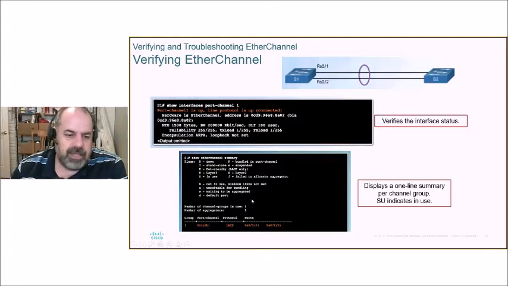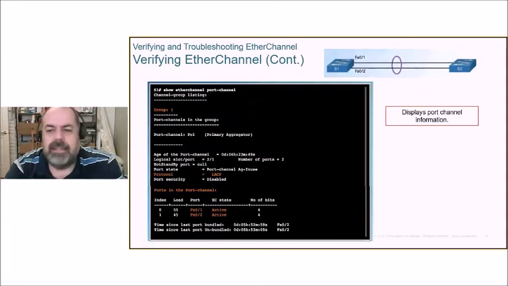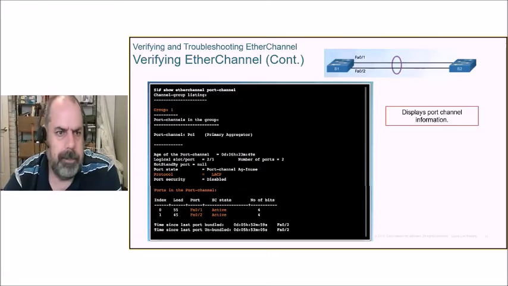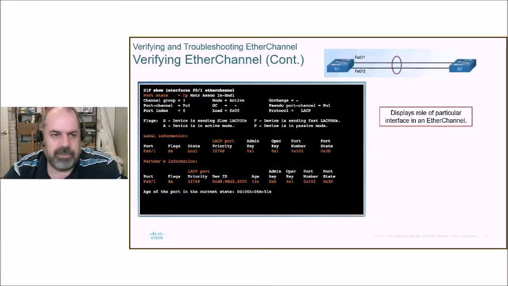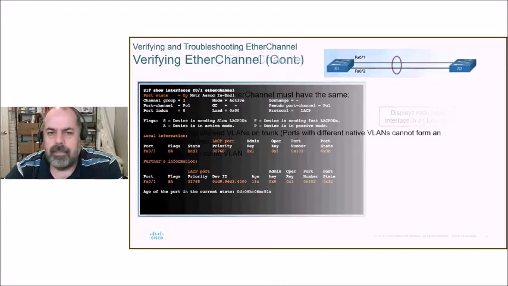S means it's layer 2, and U is in use, so it's a capital U. Okay, show etherchannel port-channel will give you more specific information about the channel groups. And there's also show interfaces FastEthernet 0/1 etherchannel, and it will tell you what channels that particular physical interface is in.